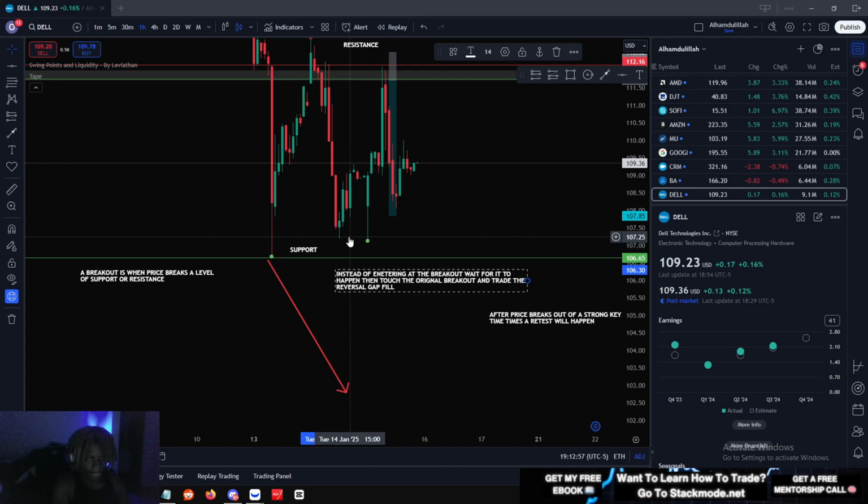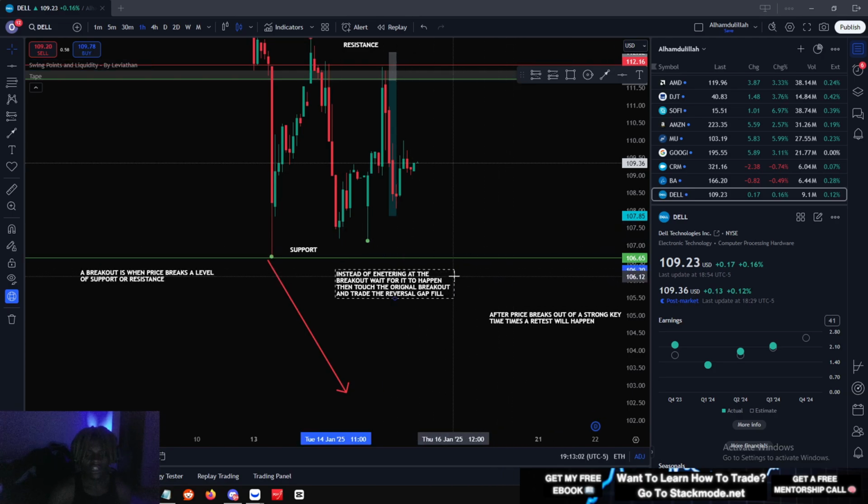Gap fill. Let me go ahead and explain this here. So instead of entering exactly at the breakout, say price broke this level of support, right? Instead of entering here, we would let price break out. Let it break out. Boom.